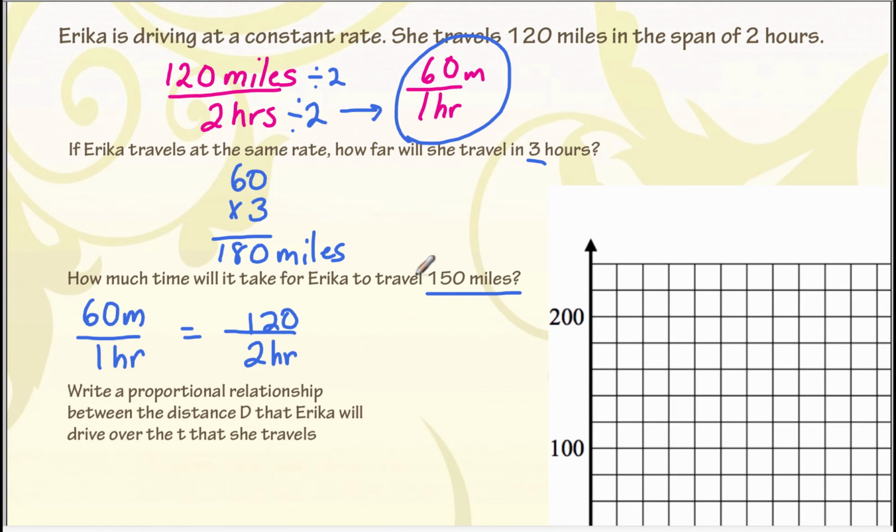But now 150, that's 30 extra miles. Well, 30 is half of 60. So half of an hour is a half hour. So it must take her 2.5 hours to go 150 miles.